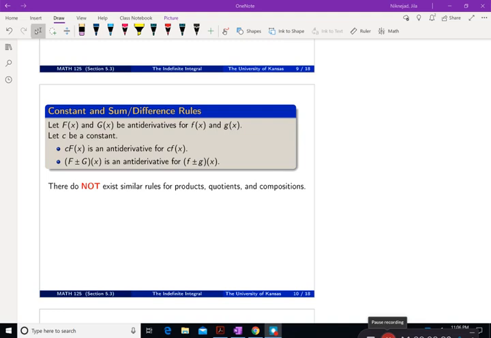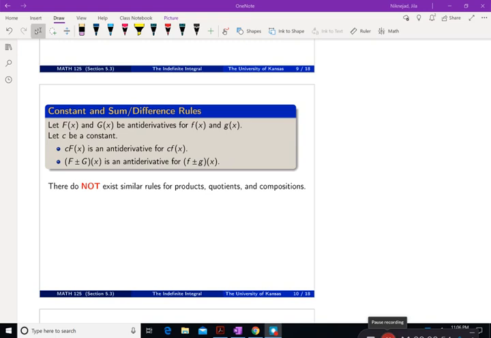Constant and sum and difference rules. Let capital F of x and capital G of x be antiderivatives of f of x and g of x respectively, and let c be a constant.